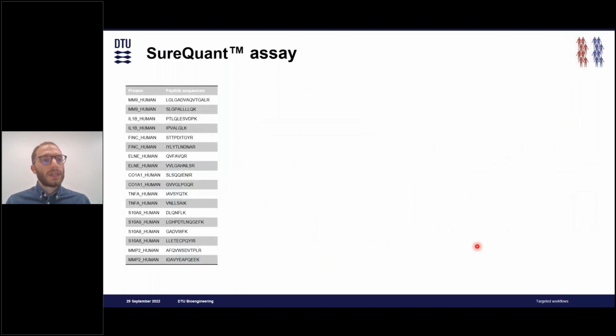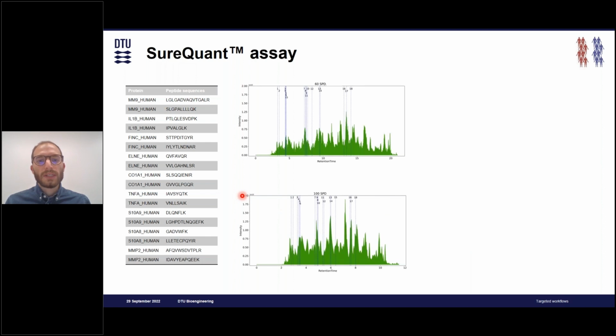So after having the list ready with the peptides of interest that I would like to monitor, then we wanted to look at the gradients, how high we can go in throughput and how low, respectively, we can go in gradient length. And we optimized with 4 different gradients: 40 SPD, 60 SPD, 100, and 200 SPD.